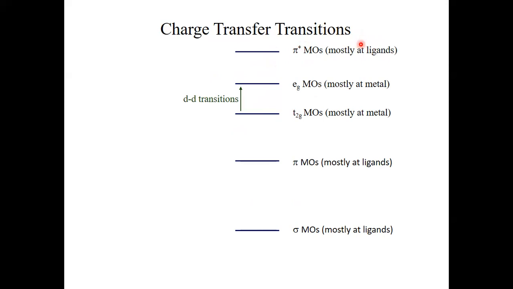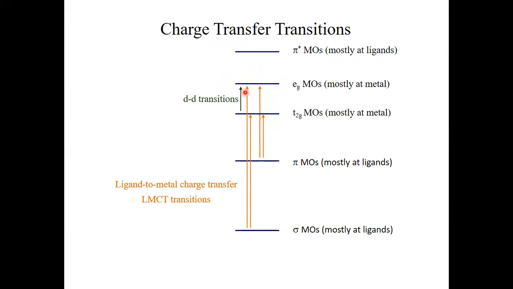So now, of course, it is also possible that we can have electron transitions from these sigma MOs and these pi MOs into metal d orbitals.